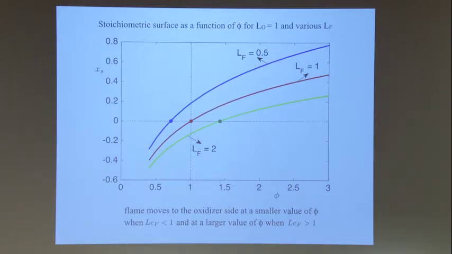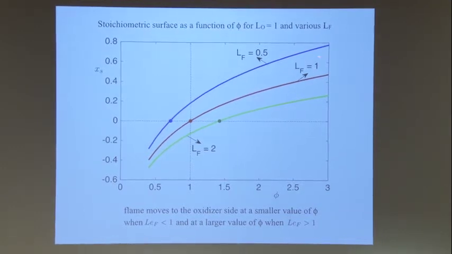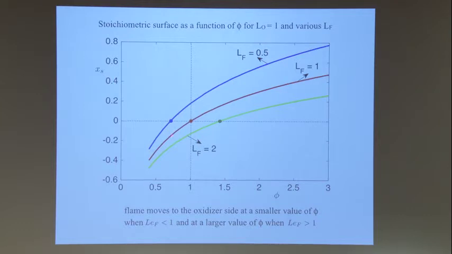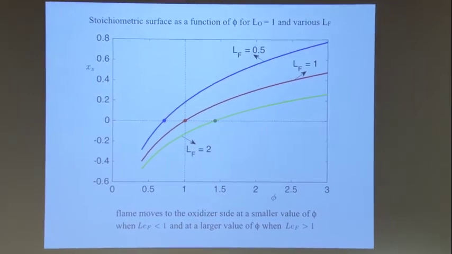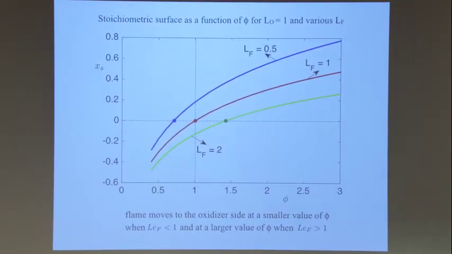And for the Lewis number larger than 1, it will be at the center only if it's sufficiently rich. Okay? So you see the effect of the location. The red curve is the one I've shown you previously, which is for Lewis number equal to 1. In other words, the flame is on the fuel side if it's lean, on the oxidizer side if it's rich. Otherwise, it depends on the value of the Lewis number.